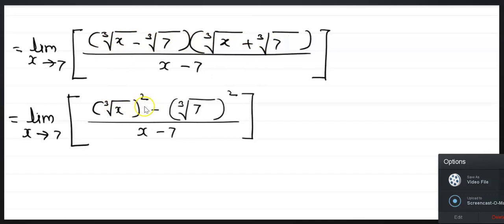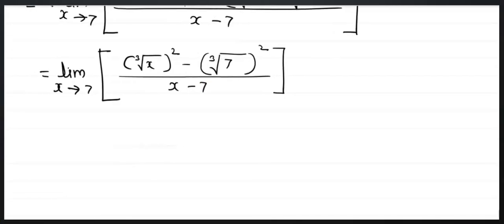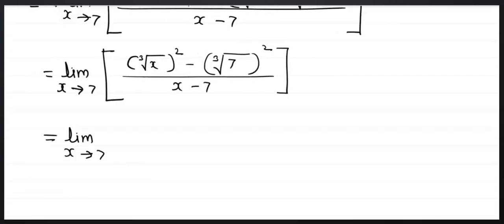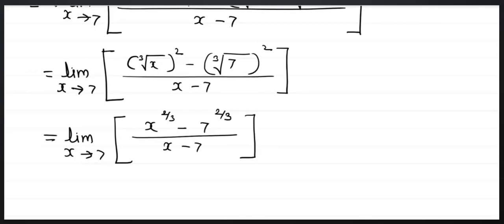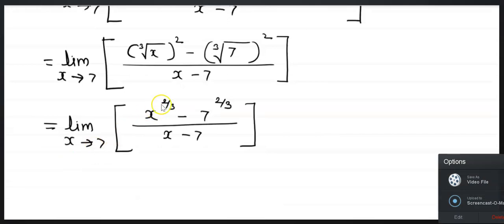Cubic root of x bracket square minus cubic root of 7 bracket square upon x minus 7. Limit x tends to 7, and it can be written as x raised to 2 by 3 minus 7 raised to 2 by 3 upon x minus 7.